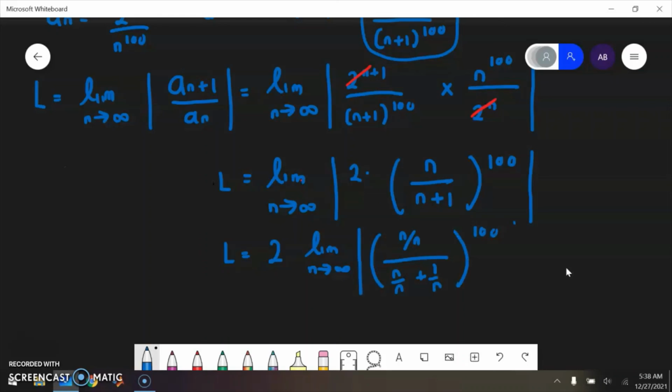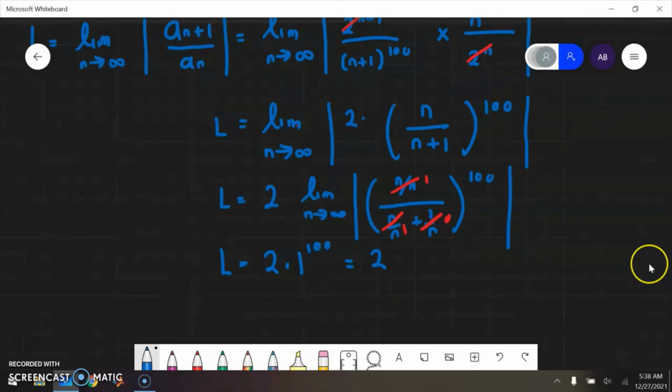Don't forget the absolute value sign. That will give me 1 over 1 plus 1 over n, and 1 over n is 0. So I have 1 to the power of 100. So L equals 2 times 1 to the power of 100, which is 2.